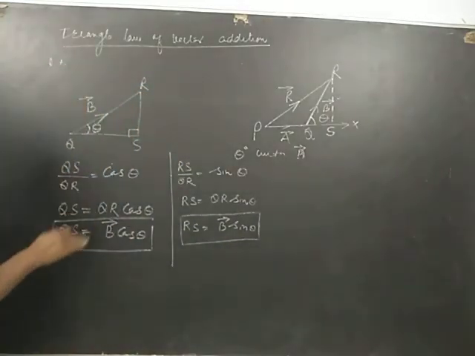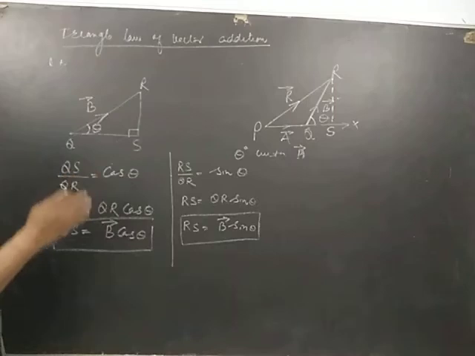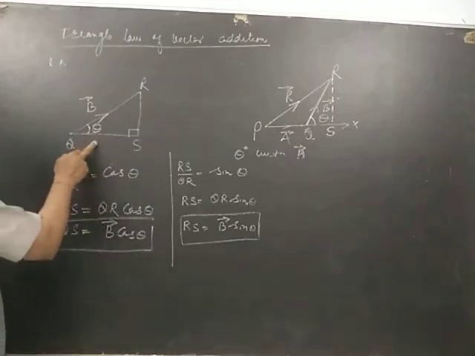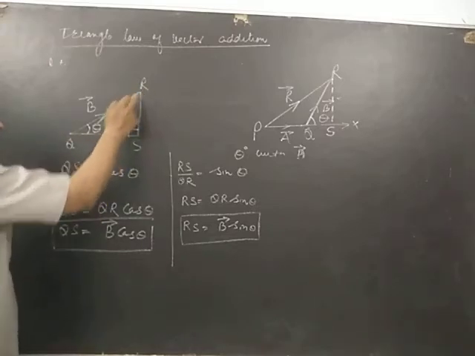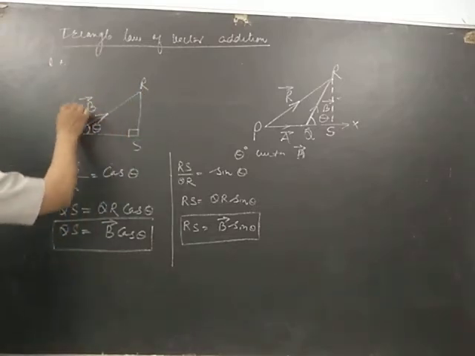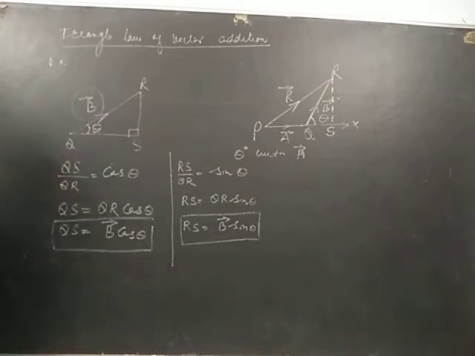So what we did, after drawing the perpendicular, we discussed this triangle, and with the help of this triangle I calculated the value of QS and RS in terms of vector B. Shabash.